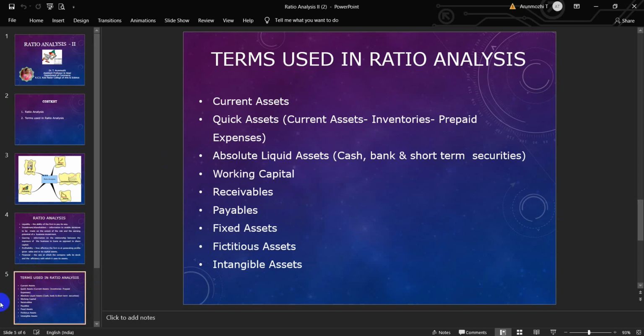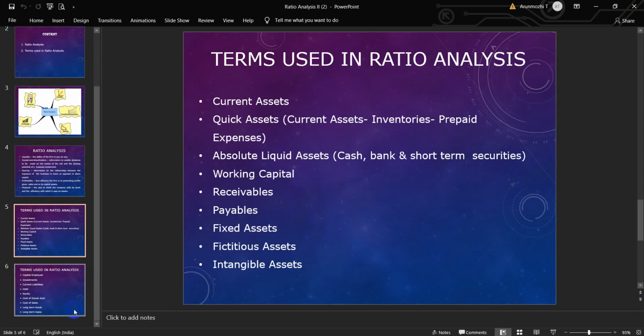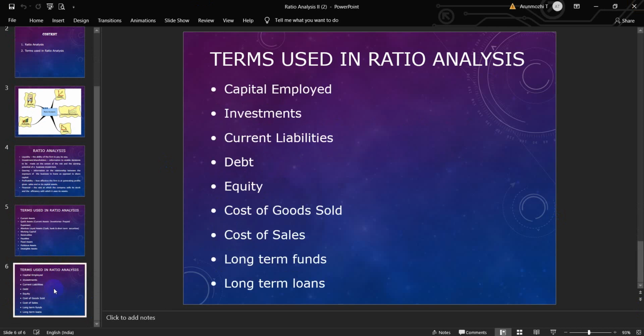Next, we move on to capital employed. It is the funds employed, or the total amount of capital used for the acquisition of profits by a firm or a project. We have the investments, investing money for profit.